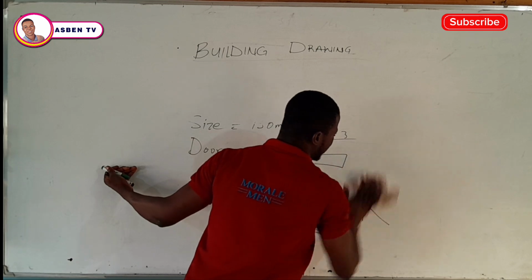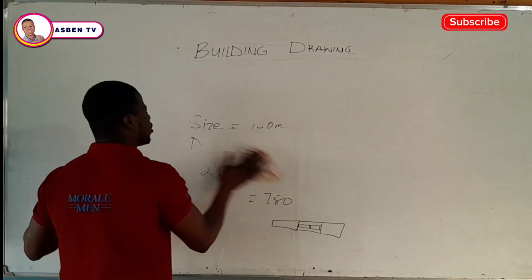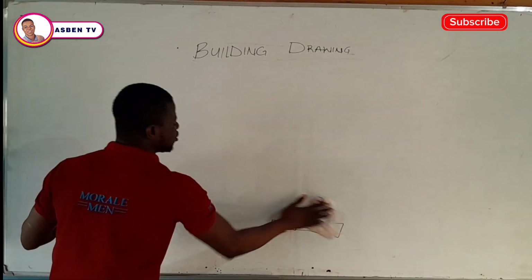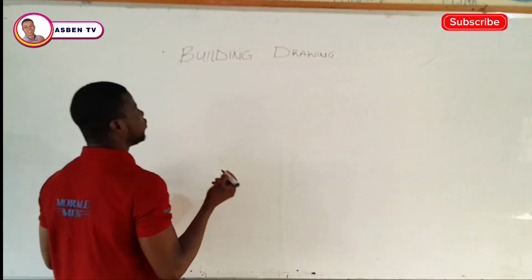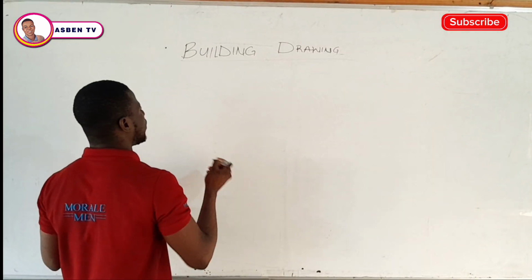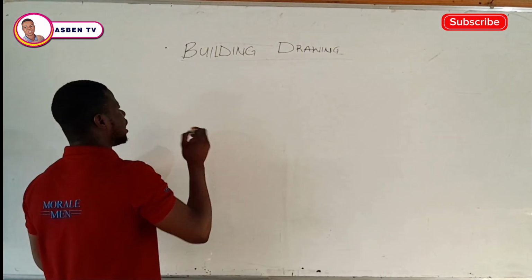In foundation, we have types of foundations in building drawing. We have the straight foundation, that is the normal one we use when we are putting up a building or constructing our houses.